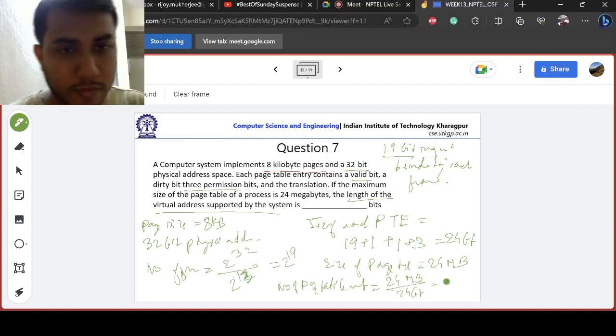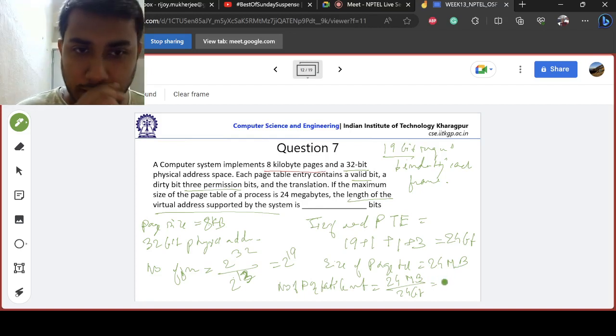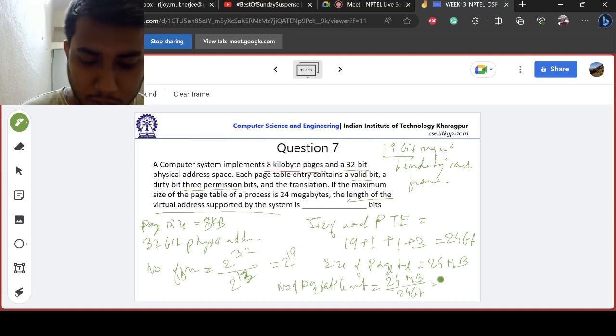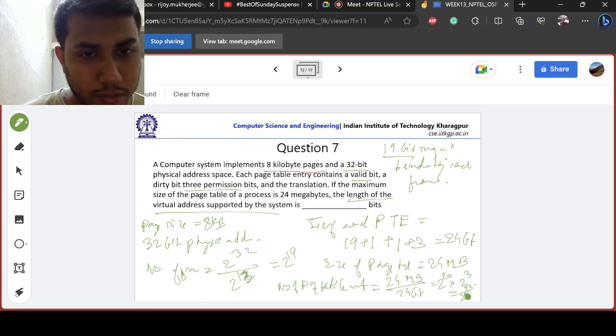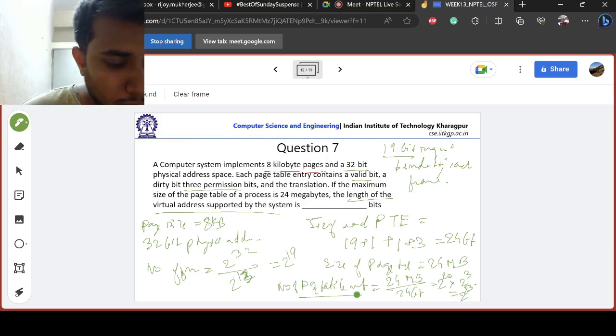Each byte is basically 8 bits. So it will be 2 to the power of 20 for MB and 2 to the power of 3 for bits, that will be 2 to the power of 23. So 2 to the power of 23 is the number of page table entries, right?